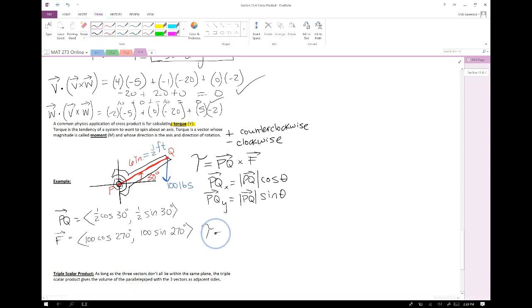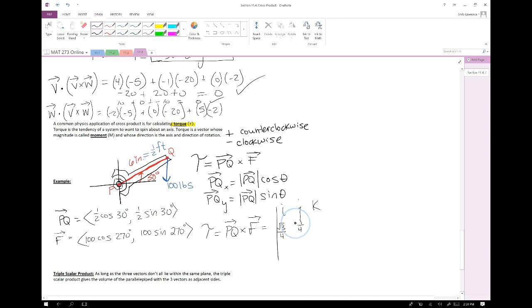So our torque is going to be PQ crossed with F. And if we set it up like a matrix, I'm going to go ahead and simplify these. Cosine of 30 is radical 3 over 2. And we're multiplying that by 1/2, so we'll get radical 3 over 4. Sine of 30 is 1/2. And if we multiply that by its magnitude of 1/2, we get 1/4.